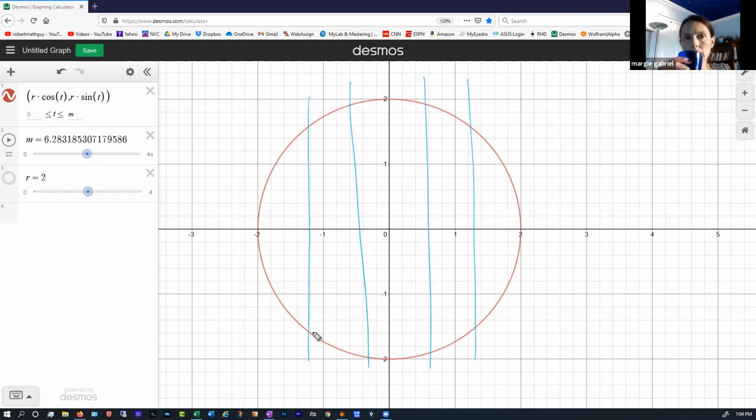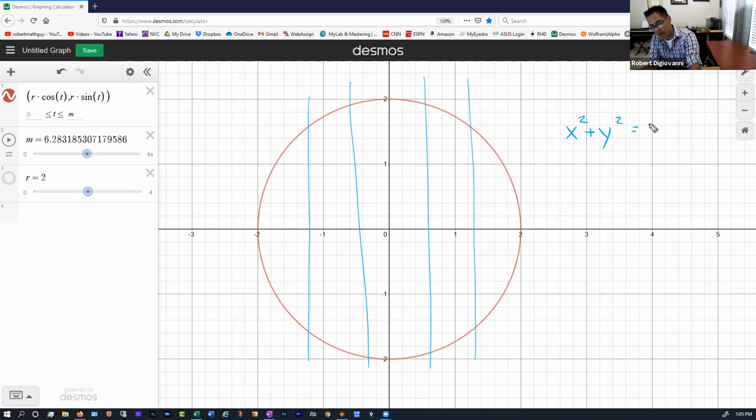And so the whole idea there is that if I plug in a value for x, and we can go back to the equation of a circle. This particular circle would be this. Radius is 2, so 4. That would be the equation of this circle. Do you all agree? If I plug in a value of x, let's say I plug in 1 for x, I'm going to get 1 plus y squared equals 4, and that means y squared is equal to 3, and that means y must be plus or minus root 3.